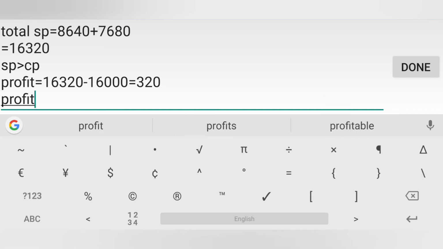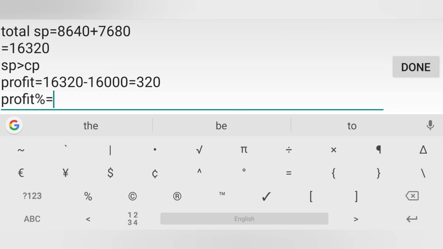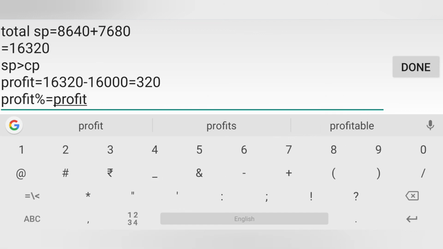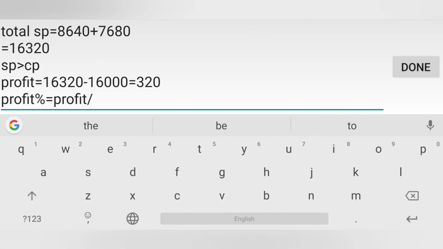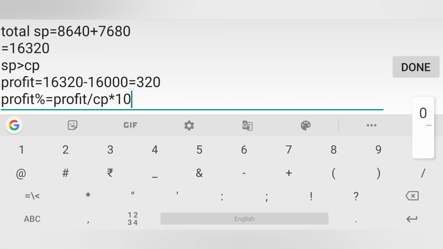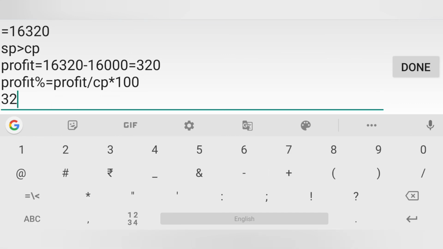Now we have to find loss or gain percent on the whole transaction. So profit percent is equal to, the formula for finding profit percent is profit upon CP into 100. So I'm writing the formula here. So profit is 320, so I'm writing the value of profit in the place of profit.